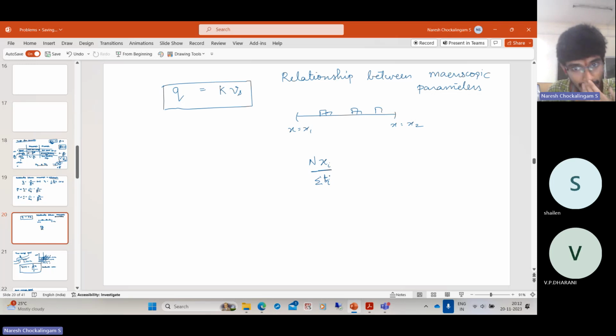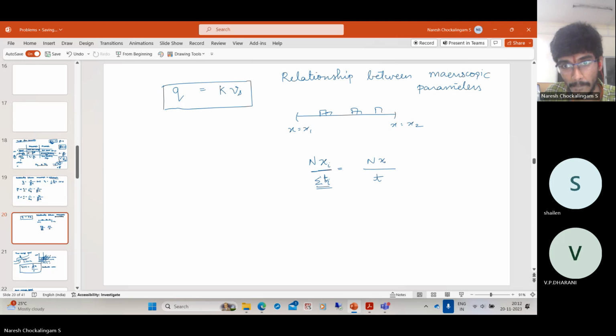So it is nx by the summation of all ti. And the sum of all the time intervals is nothing but the total time of observation t. So you have n times the total length divided by t.